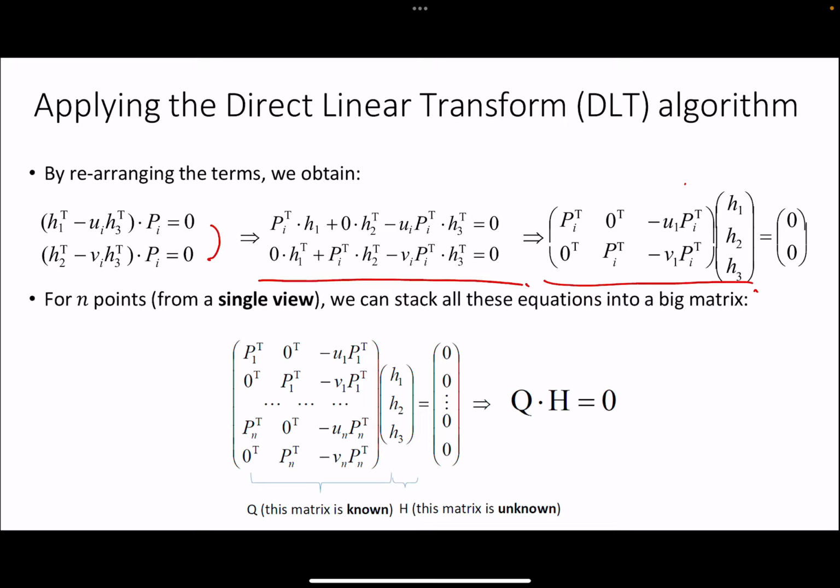As I said, Q is known. Our assumption is that we know 2D points in the image space using an image preprocessing method, like a corner detection algorithm, and for 3D, we know the actual size and actual position of the points on the checkerboard. That is the assumption, so that we know matrix Q, and our goal is getting matrix H.